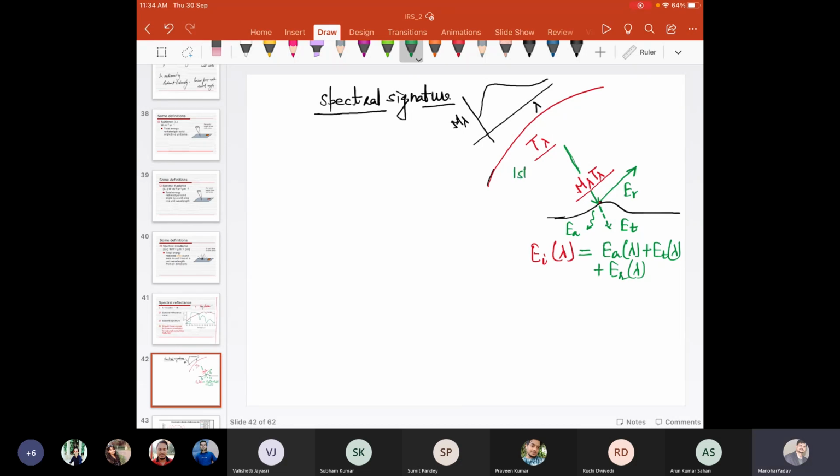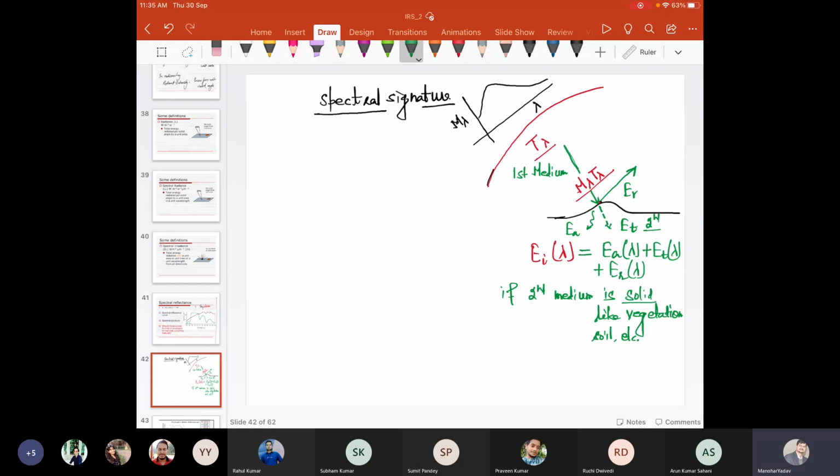This is the first medium, and this is the second medium. If the second medium is solid, like vegetation, soil, concrete, etc. Okay.